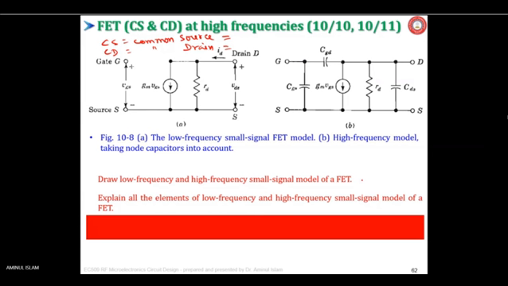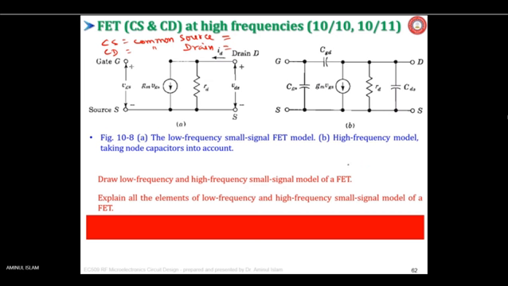Here is the low frequency small signal model of FET. See, MOSFET, you are aware of it, I hope. We have discussed it sometime in earlier courses. Yes or no? Yes, sir.